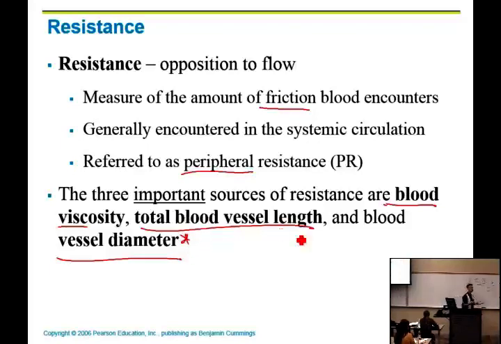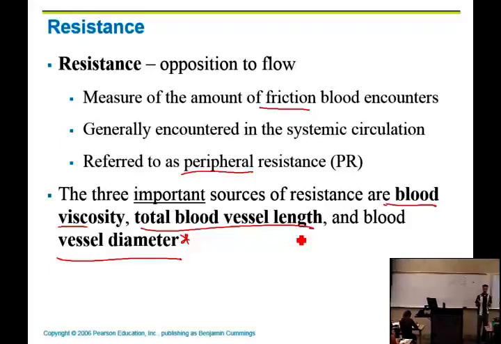Blood vessel length. To be sure, if we're talking about that hallway out there and it's really crowded and you've got to get through, if you just have to go to the room next door, it's not such a problem, right? It'll slow you down, but only a little bit because you're not going too far. Meanwhile, if it's a super long hallway and it's totally crowded and you've got to get to the other end of it, it's like a traffic jam on the freeway. It's going to take you much longer because you have to be on there a much longer period of time.